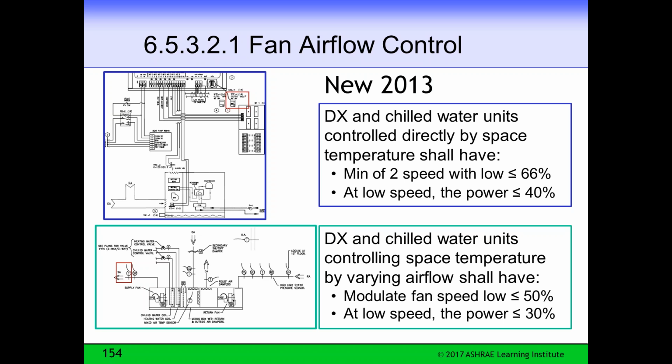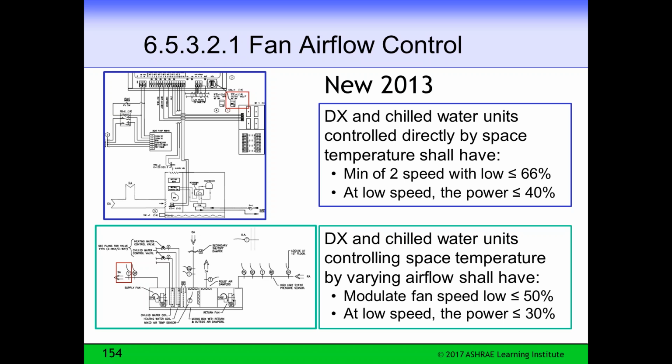This matches the steps. So the DX and chilled water units controlled directly by space temperature, that's the thermostat, shall have a minimum of 2-speed fan with a low at 66%. At low speed, the power has to be less than 40% draw. A DX system and chilled water units controlling the space temperature by varying the airflow, or a VAV type system, shall modulate the fan speed to a low of 50% fan speed, and you have to have 30% power at that point.